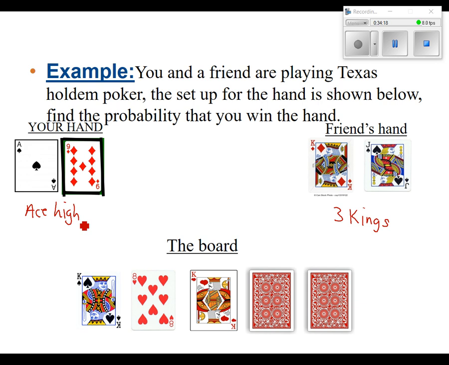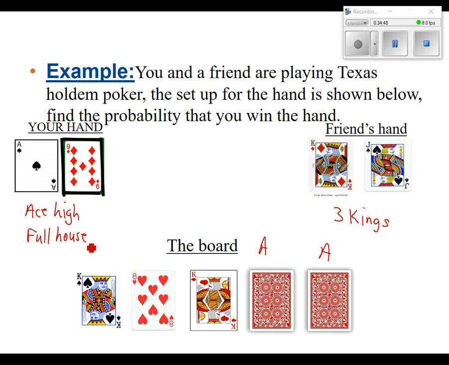What do you need to come up for these next 2 cards to help you out? Ace on the first one? How about on the second one? Another ace. If you get 2 aces, then you will have 3 aces and 2 kings, which is considered a full house. So you have 3 of a kind and 2 of a kind.